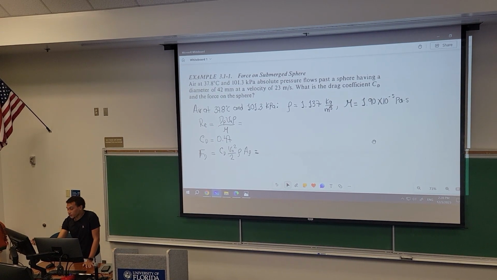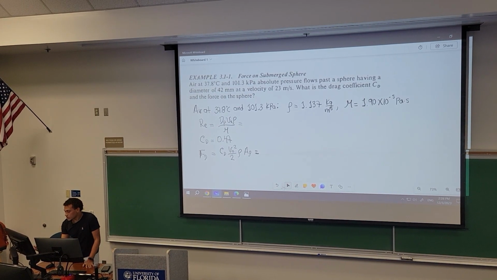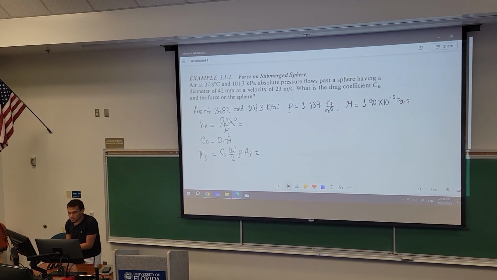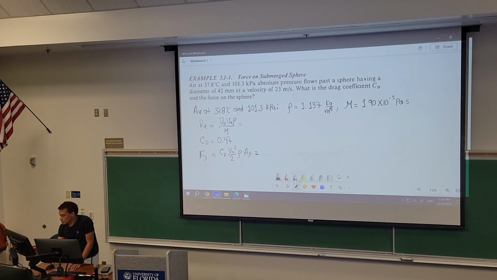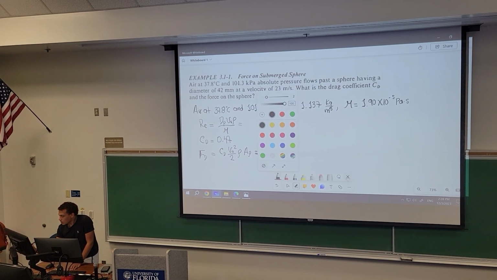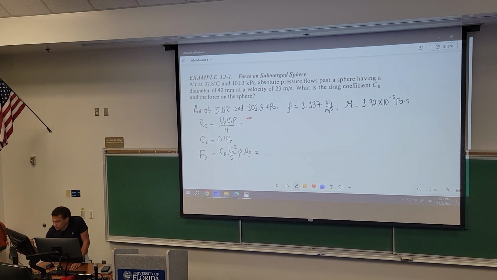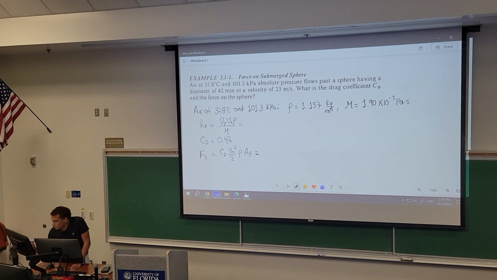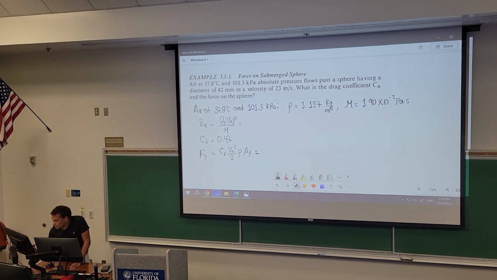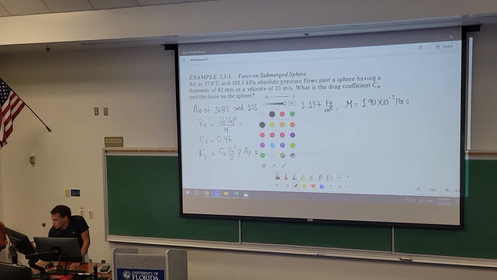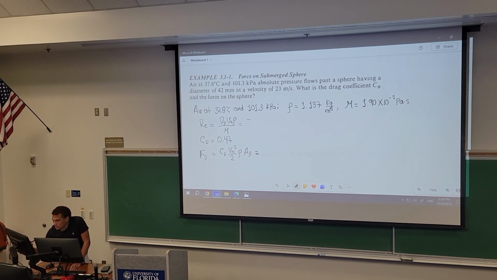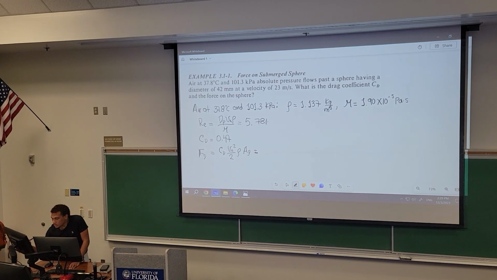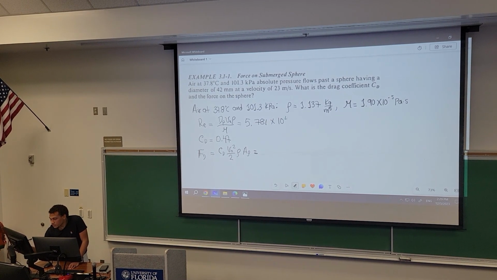And we first find the Reynolds number, which is going to be equal to 5.781 times 10 to the fourth power.